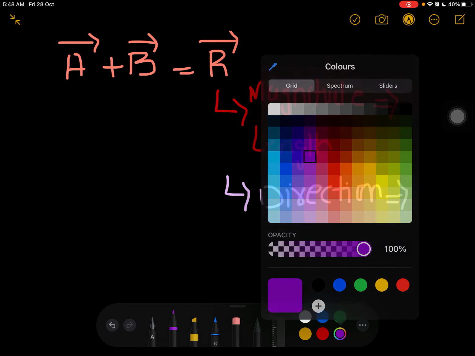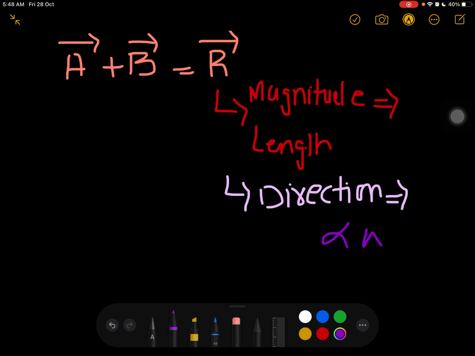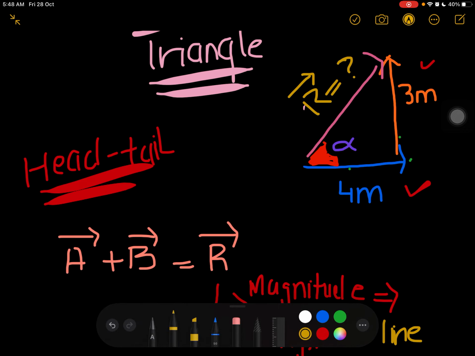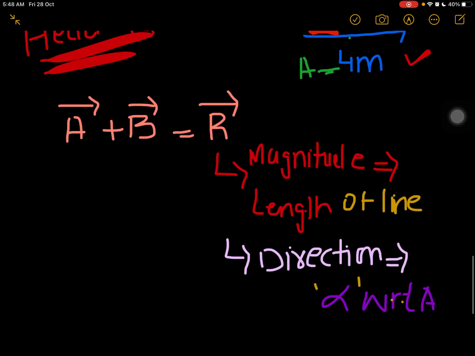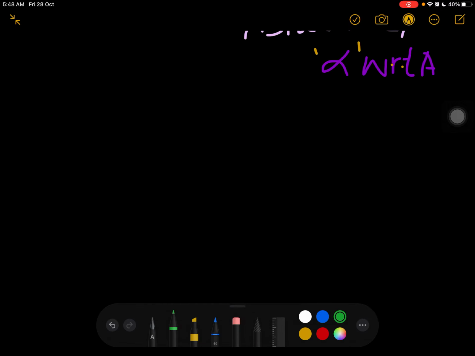The direction will be alpha with respect to A. You will understand later in this video what that means. So in the resultant vector, the magnitude will be equal to the length of the line, and the direction will be alpha with respect to A. So what is A? A is over this. A is equal to 4 meter, B is equal to 3 meter, right?